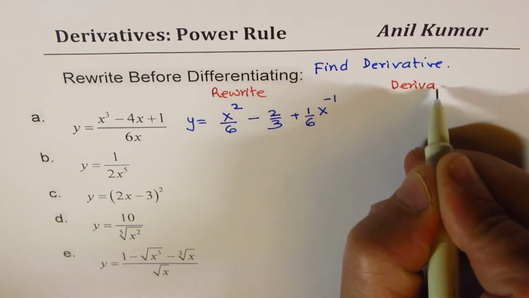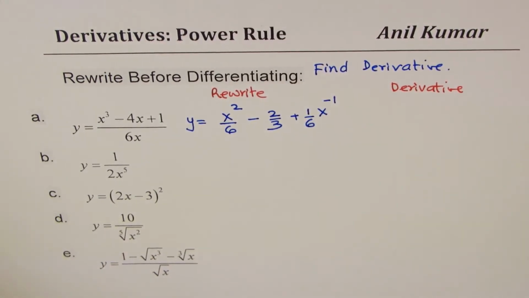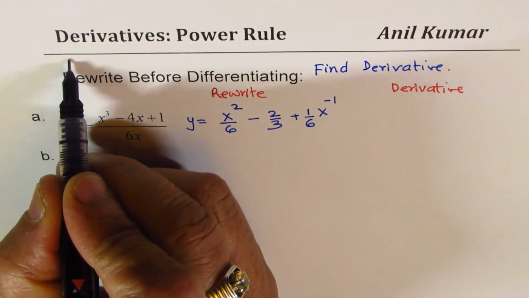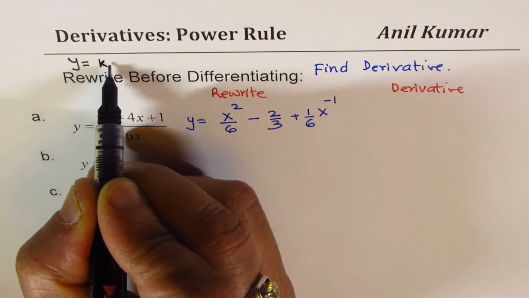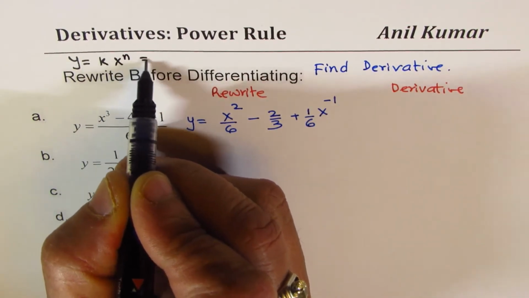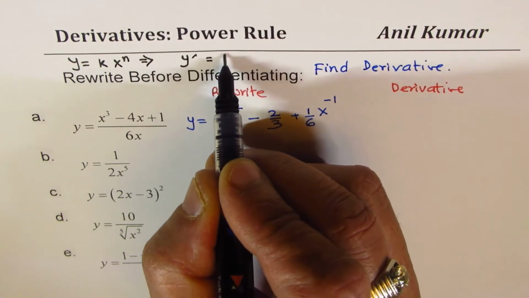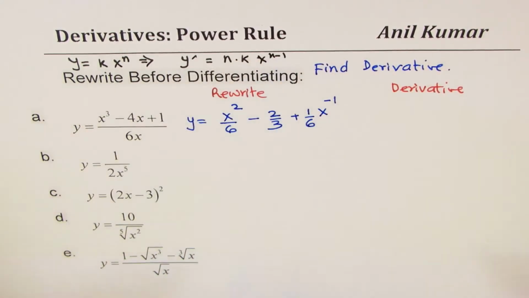So that is the exercise which you need to do. Let me write down the derivative using the power rule. The power rule is that if y equals some constant times x to the power of n, in that case the derivative will be n times the constant times x to the power of n minus 1, correct?